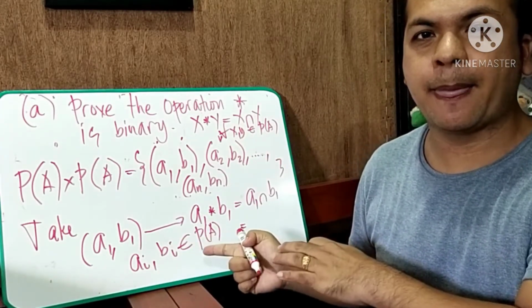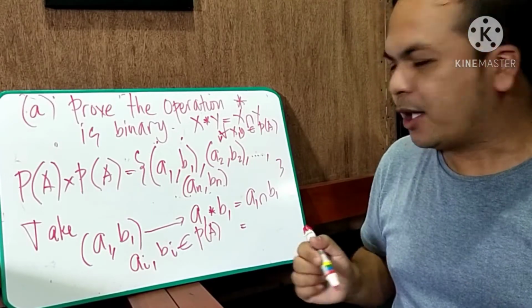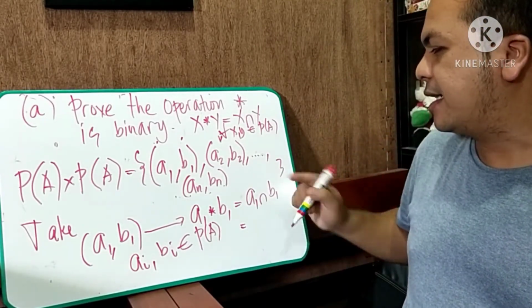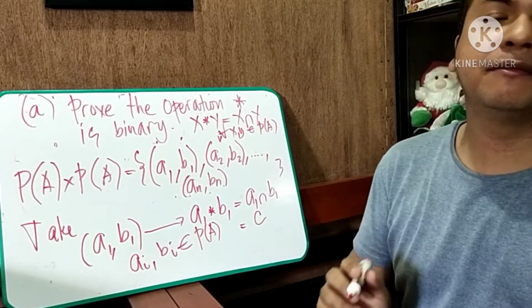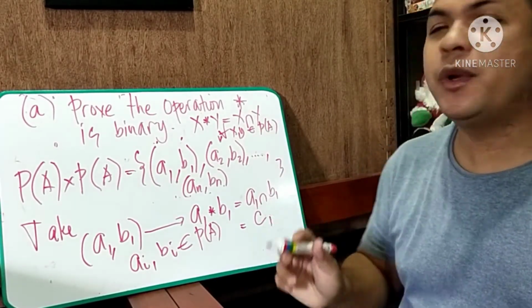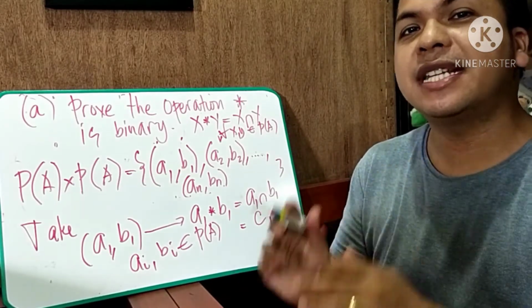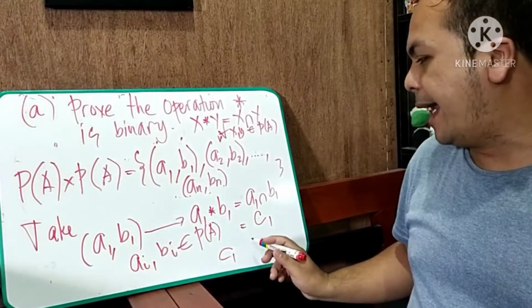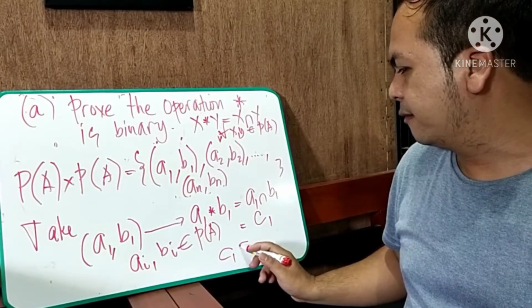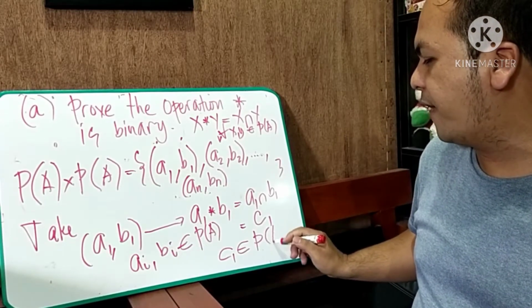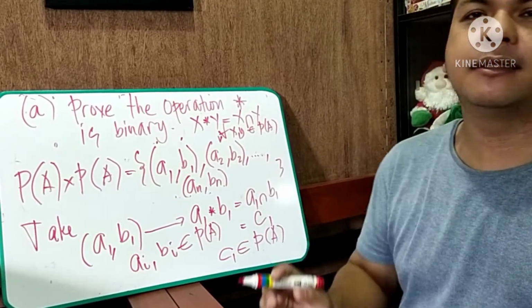Subsets ng A. So kapag kinuha mo yung intersection nila, say ang intersection nila is say C sub 1. 'Di ba? We are sure na yung C sub 1 na yun is also an element of the power set of A. Right?